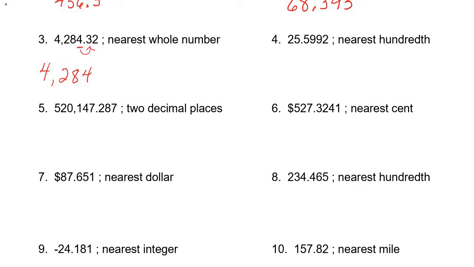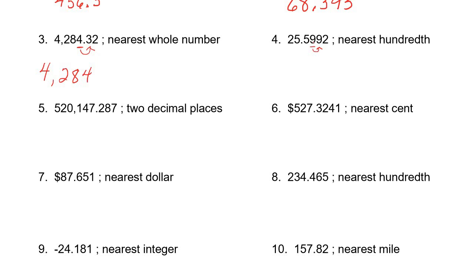Number 4 has a lot of 9s in it, and this is where it can kind of get confusing. The hundredth spot is this second decimal place. The number to the right is a 9, so it's going to tell this 9 to go up 1. Well, when we add 1 to 9, we get 10.